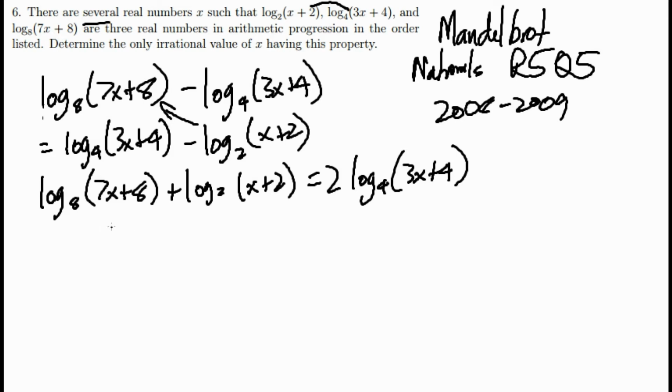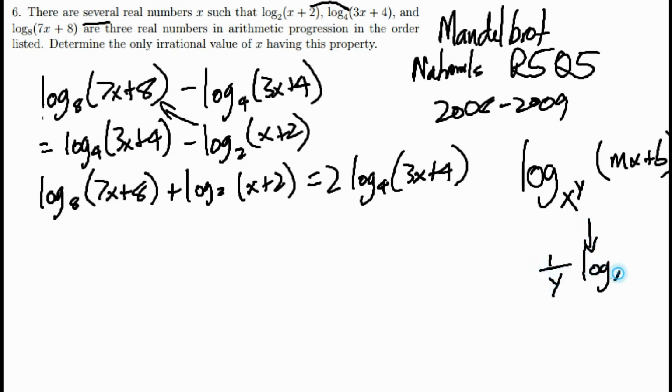One of the main problems with this expression is that we have logs of different bases, and we want to make them all the same base. We notice that all the bases here are powers of 2. One of the rules of logs is that log base x to the y of some expression mx plus b is equivalent to 1 over y times log base x of mx plus b.